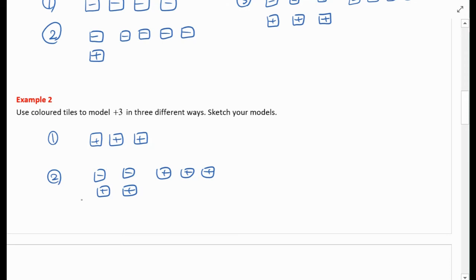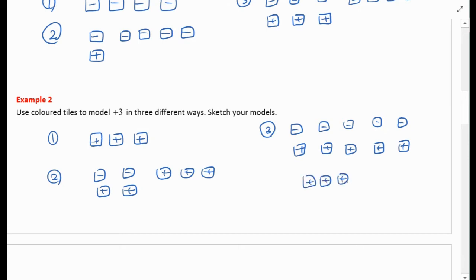So you can introduce more zero pairs actually. And this time, I'm going to put 5 zero pairs and 3 positive tiles. So these are 3 different ways representing positive 3.